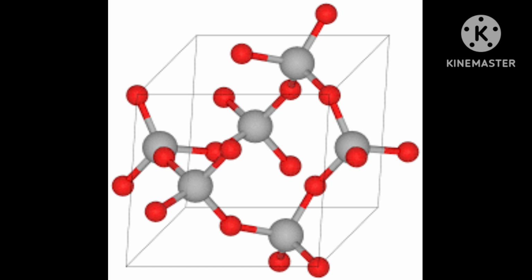Two-dimensional you can understand very easily, length and breadth. But the third dimension is very difficult to understand from a figure. The diagram will be there, but understanding will be difficult.